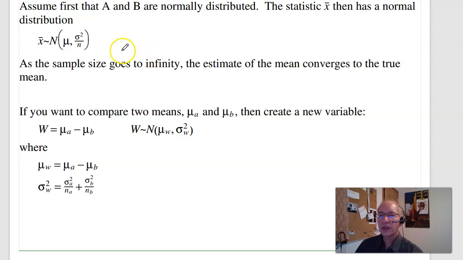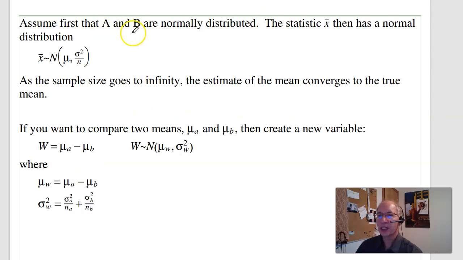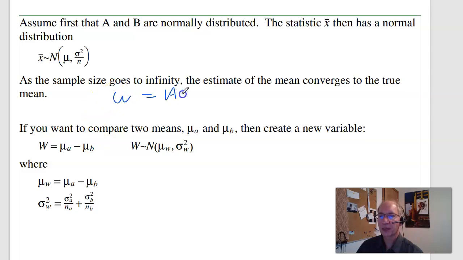So when I form my variables, I'll do exactly the same thing I did before. I've got two populations, A and B. I'm going to form W. That's the new population. That's the difference between A and B. The mean of W is just the mean of A minus the mean of B. However, since I'm dealing with populations now, the variance of W will be the variance of A plus the variance of B, and the variance of A takes the sample size into account.